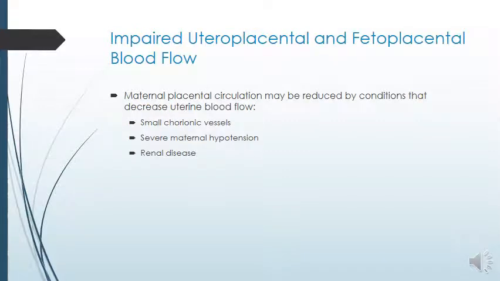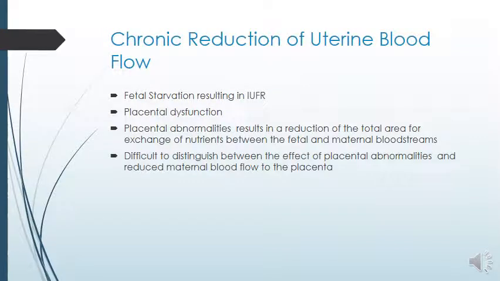Maternal placental circulation may be reduced by conditions that decrease the uterine blood flow, and these include having small chorionic vessels, severe maternal hypotension, and renal disease. The chronic reduction of uterine blood flow can cause fetal starvation, resulting in intrauterine growth restriction. Placental dysfunction can also cause IUGR.